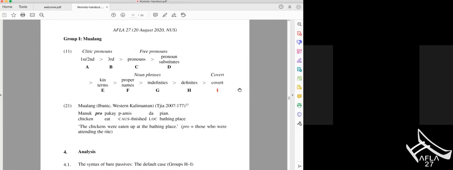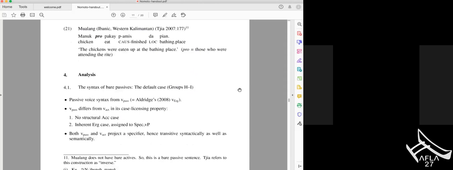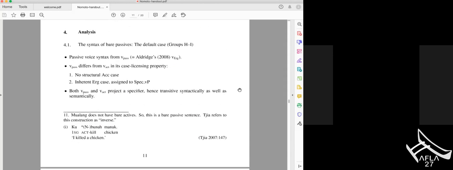Now I will present my analysis of the bare passives. First, I will look at the default case, and then I will consider special cases. For the bare passive, the passive syntax comes from little v passive. This is identical to Aldridge's v ergative.